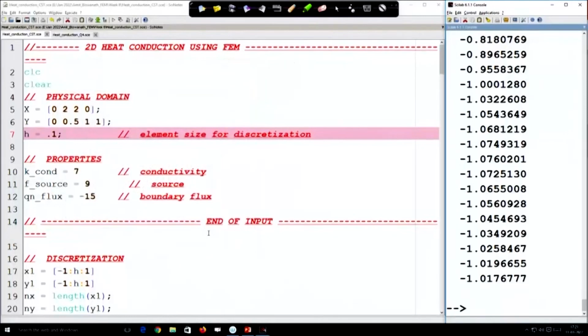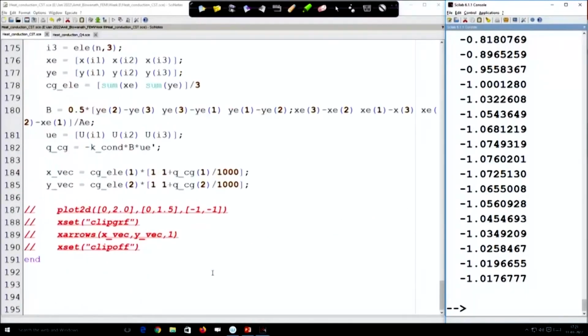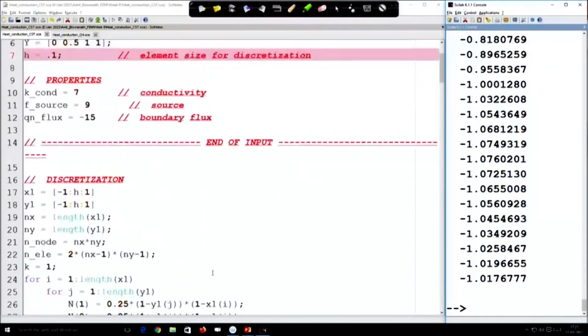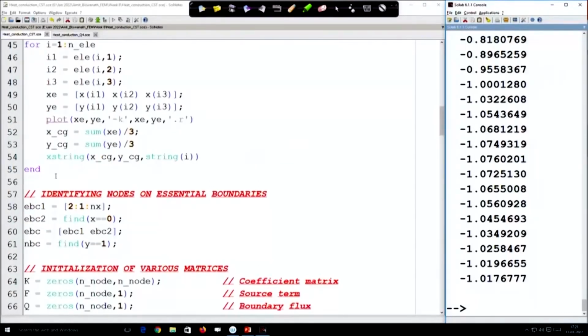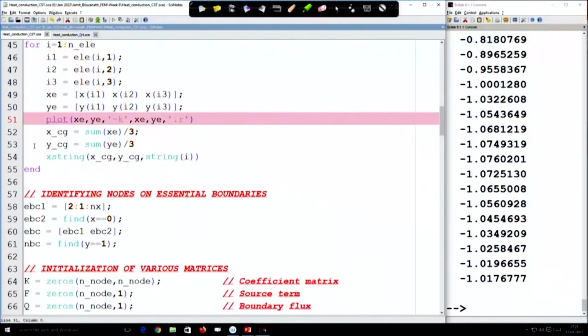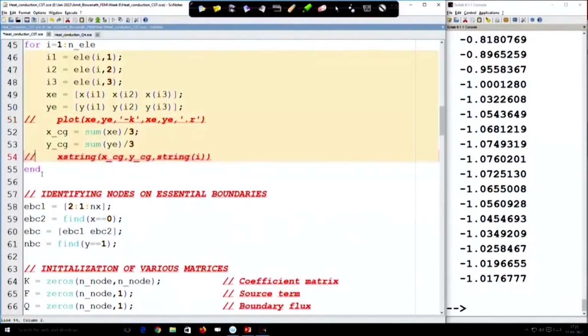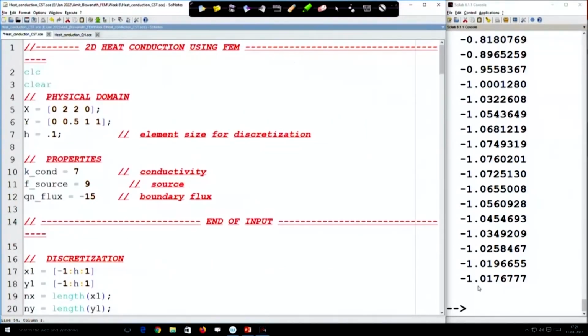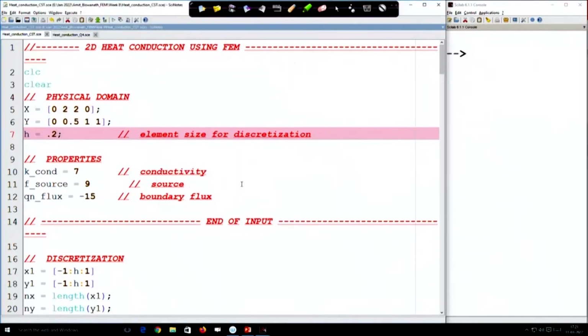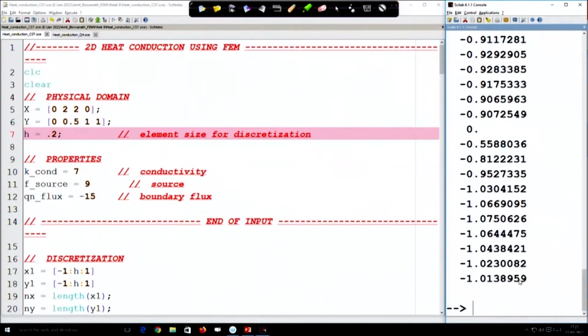So let us highlight this plot command. This is 1.017, and with 0.2 it was 1.013.